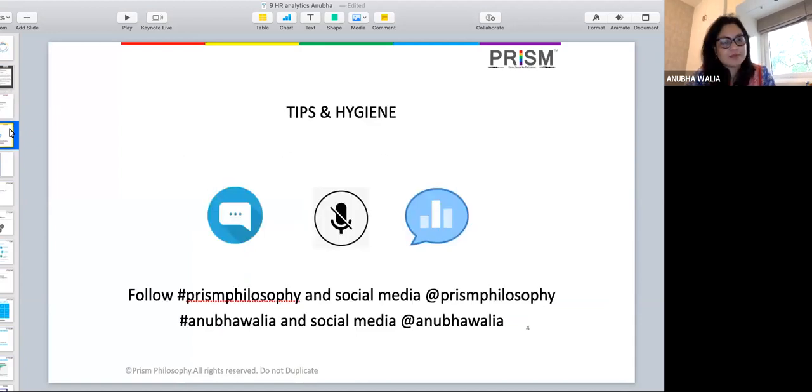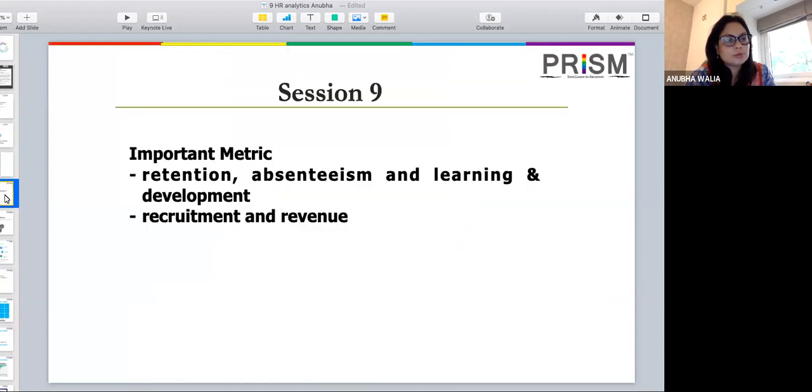We'll have some set of chat box activity, but today would be more on the excitement aspect of what are the prominent analyses that we can actually use in our analytics world. So let's move and understand today's session details, which will focus on important metrics. I have two elements.